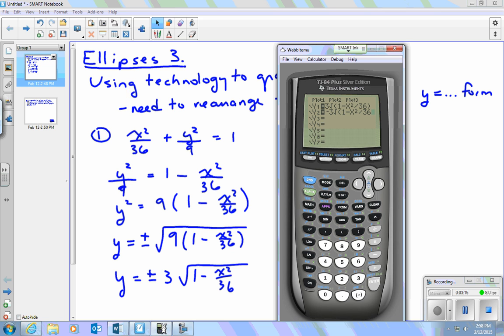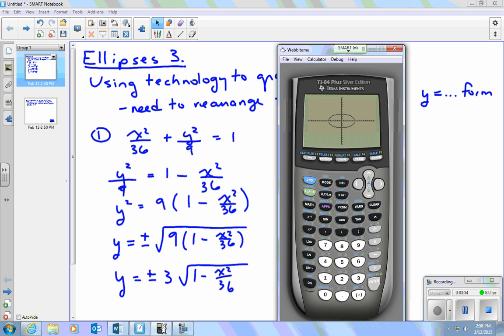I'll close that bracket and I'll press zoom, and I want zoom square, so that's the 5th one there. So there's the positive 3 and there's the negative part. So there's the ellipse graphed on the graphing calculator.